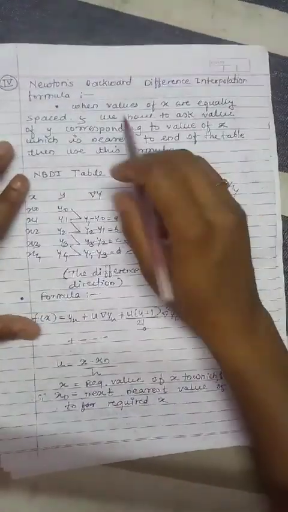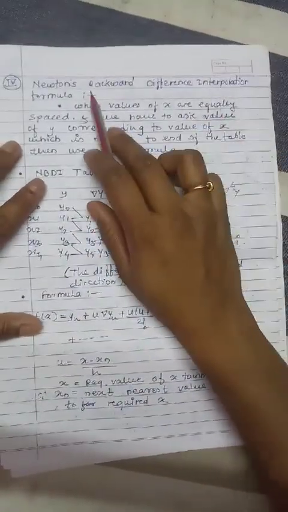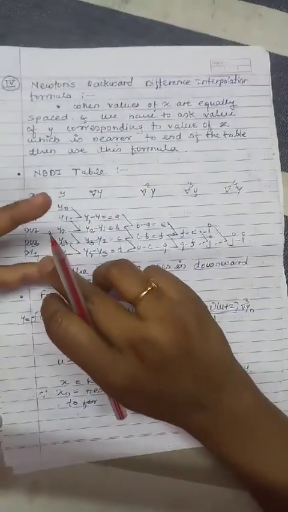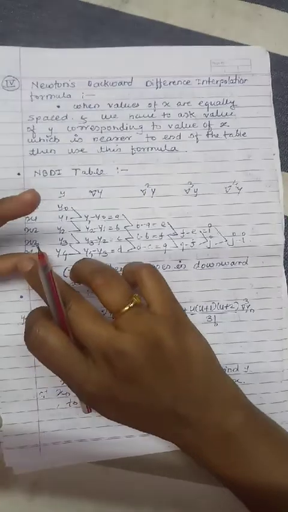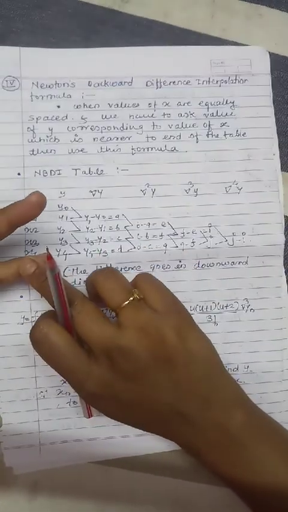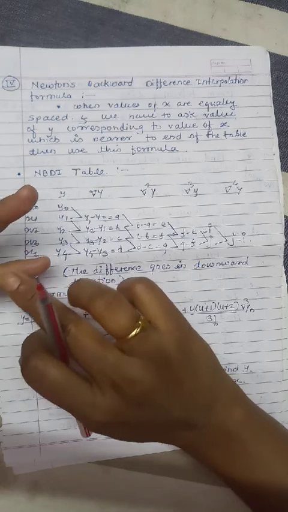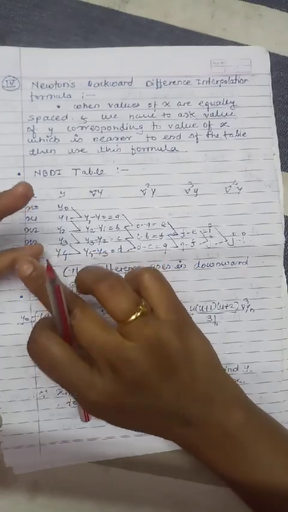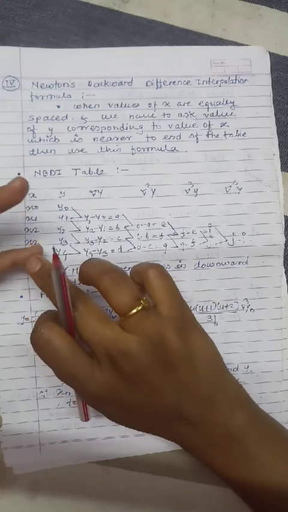Next method is Newton's backward difference interpolation formula. The first two methods, Lagrange's interpolation formula and Newton's divided difference formula, are used for finding values of y when the values of x are not equally spaced.